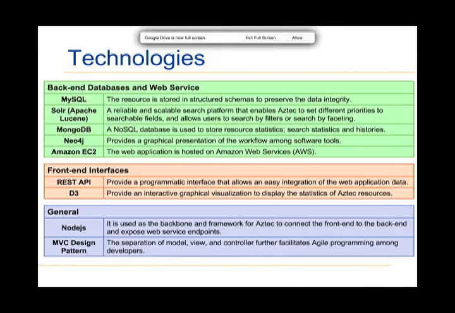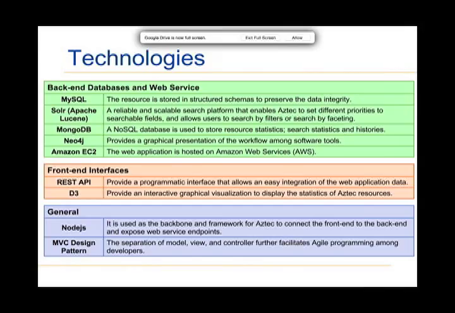So going into more detail on the technologies, we are using MySQL to preserve the data integrity. Solr is the main search platform that's used to index the resource metadata. We're using MongoDB to store statistics used by our search history functionality.